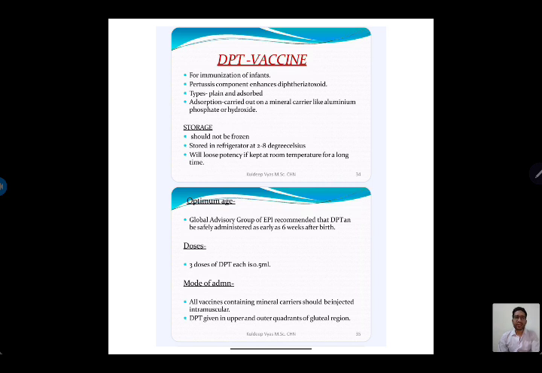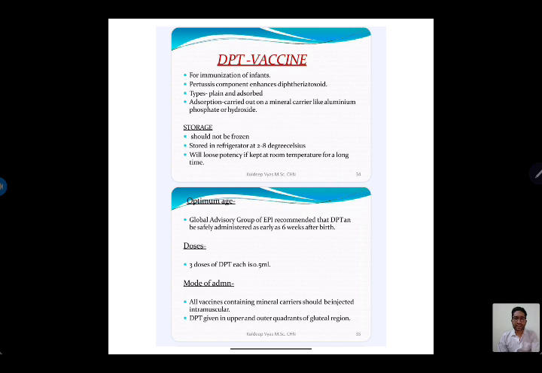Storage: should not be frozen, stored in a refrigerator at 2 to 8 degrees Celsius. It loses potency if kept at room temperature for a long time. Optimum age: the Global Advisory Group of EPI, the Expanded Programme on Immunization, recommended that the DPT be administered as early as 6 weeks after birth.